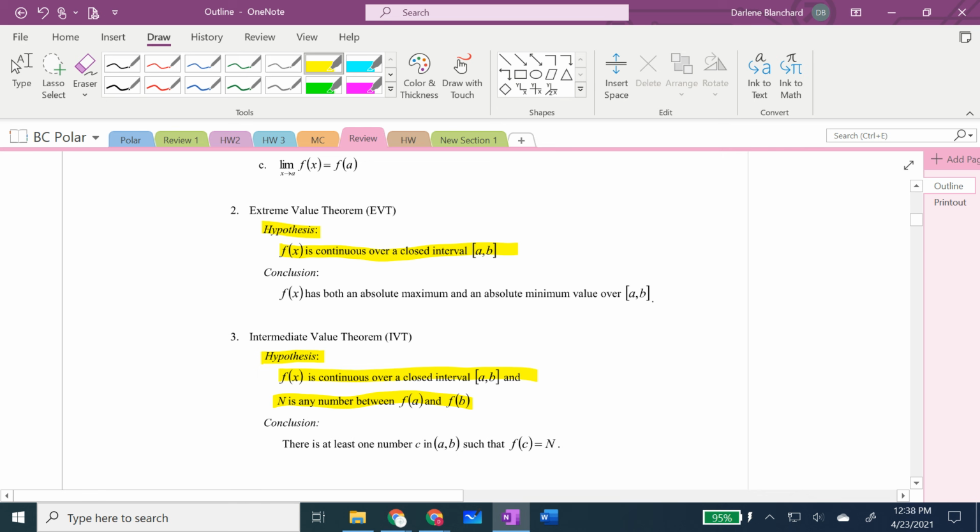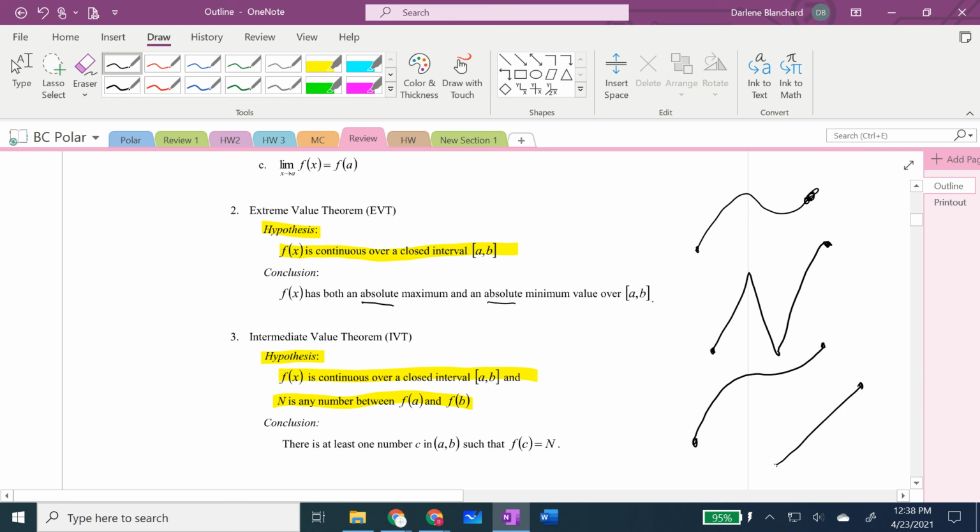It just says as long as you are continuous over a closed interval, even if you have sharp turns, you are guaranteed an absolute maximum and an absolute minimum. Not relative, absolute. Because this doesn't have relatives, or at least I tried to draw something that didn't. That doesn't have relatives, only absolutes.